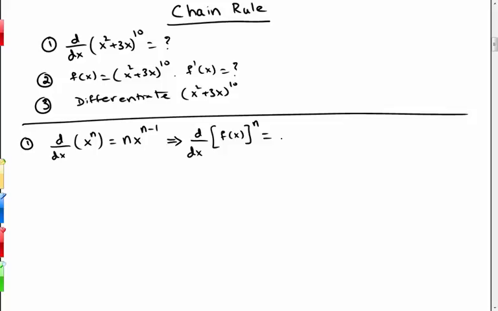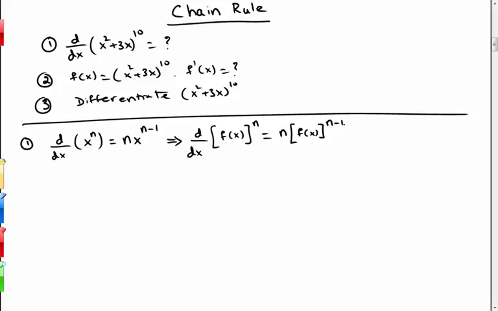What we know is d/dx of x^n is nx^(n-1). But from that, could we figure out exactly what d/dx of [f(x)]^n would be? And the answer is, yep, it's as simple as n times [f(x)]^(n-1).